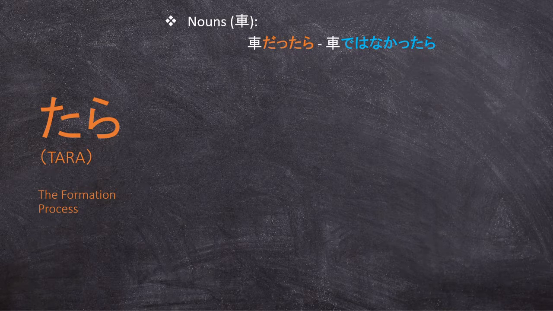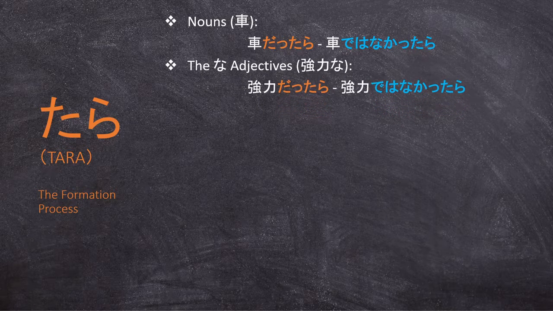And so we have kuruma dattara and kuruma de wa nakattara. You can see here that the positive condition has been highlighted with this darker orange and the negative condition has been highlighted with blue. However, if you are adding tara to the na adjectives, you will be essentially adding the same suffixes as with the nouns, because here kyoryoku na, meaning powerful, will become kyoryoku dattara and kyoryoku de wa nakattara.